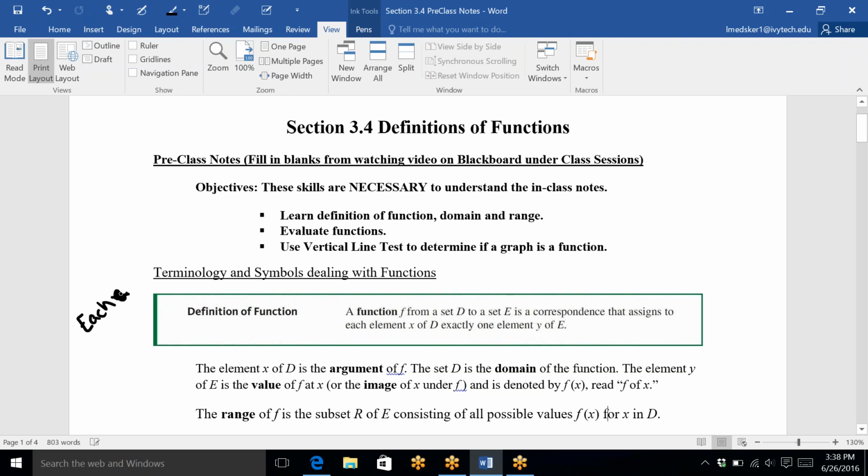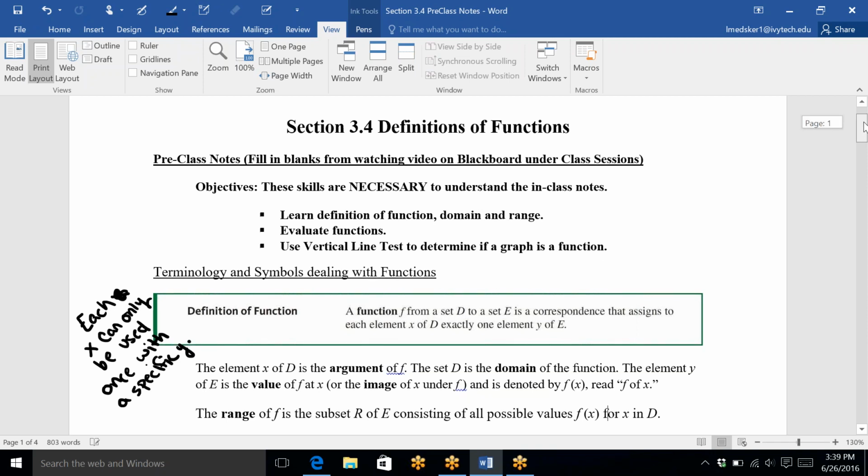Each x can only be used once with a specific y.